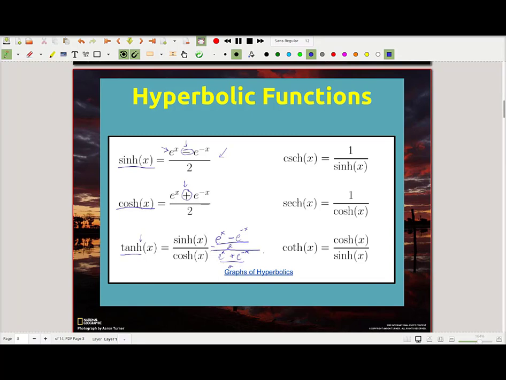If you simplify this, the 2's cancel out, and so tanh of x is really just e to the x minus e to the negative x all over e to the x plus e to the negative x. And then cosech, sech, and cotanh, we get the same way that we would with the trig functions.